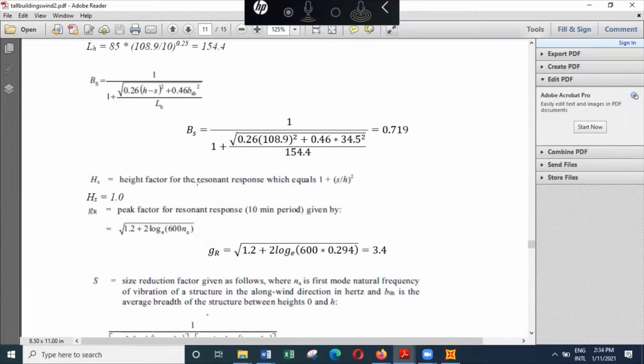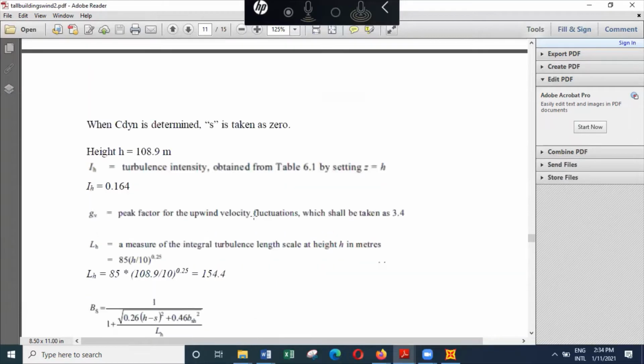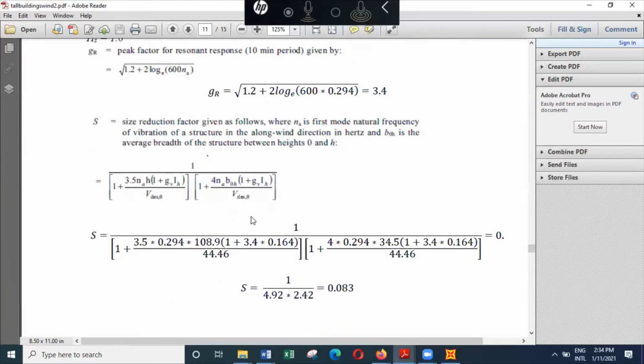Then, there are two parameters. One is called the size effect, S, and that depends on the dimensions of the building. So here you can see the dimensions of the building and the natural frequency of the building.